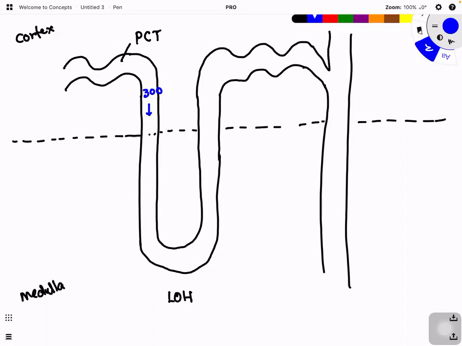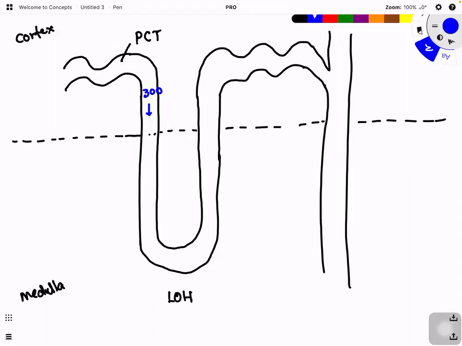Now, osmolarity is not a unit that we frequently use in our syllabus, but basically it is the number of solutes per unit volume of the fluid. So you can assume 300 is, let's say, 300 solutes per ml, which is not true, but you can imagine it this way. Okay, so we have the ascending limb and descending limb.